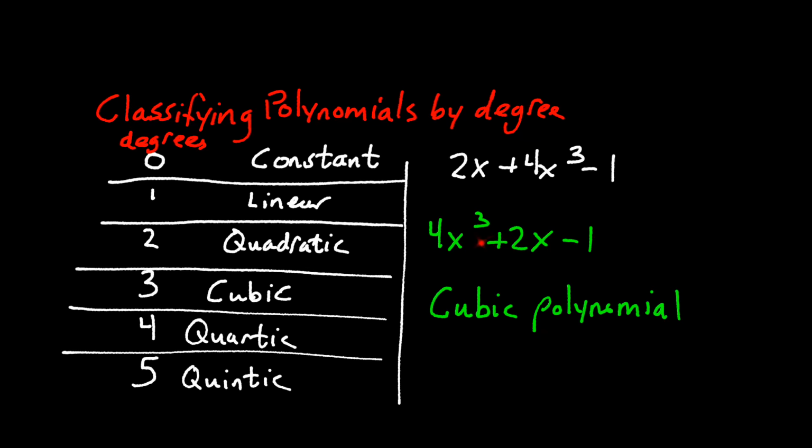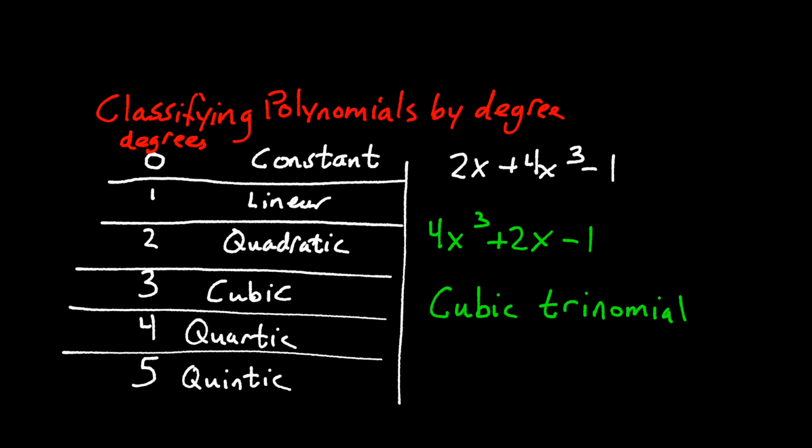Since it has 3 terms, remember at the very beginning of this video we learned that a 3-term polynomial is called a trinomial. So instead of calling it a cubic polynomial, the best term for it would be a cubic trinomial. And we have classified our polynomial.